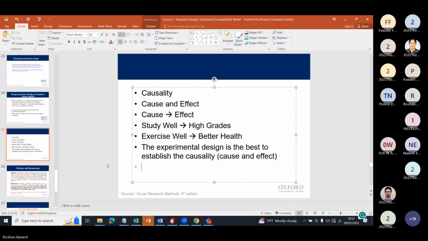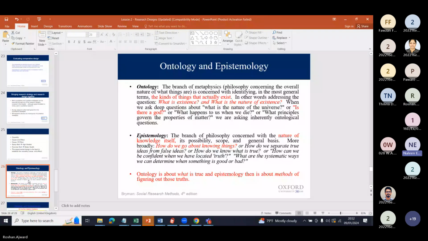Now, finally, let me tell you what ontology and epistemology are. Don't worry, you might think these are two things you might consume for dinner.